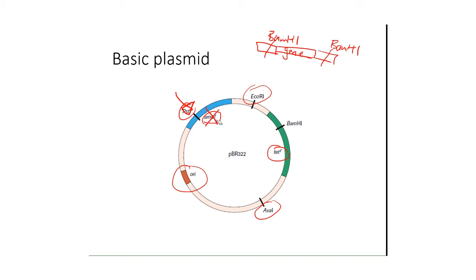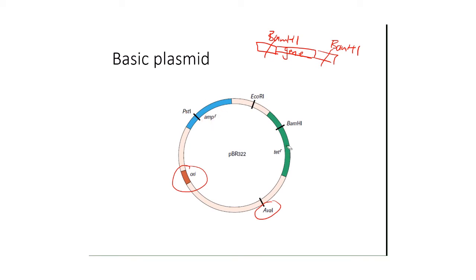So even if they accepted the plasmid, they wouldn't be able to grow in the presence of ampicillin because you disrupted the gene by inserting something over here, right? But if you insert it over here, you still leave the tetracycline resistance gene intact, and so that's why you're going to test it on a tetracycline culture instead of an ampicillin culture.